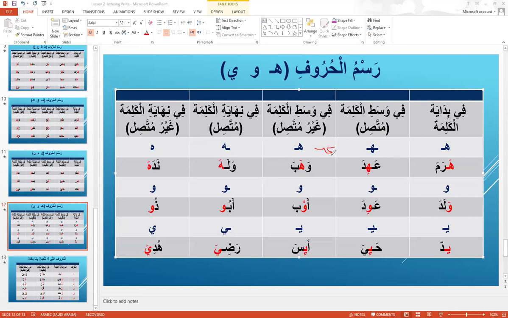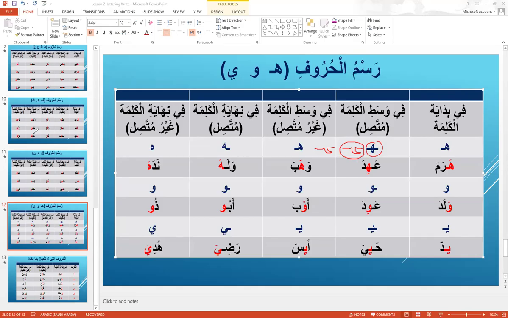But when you get there, you get to know ha is written like this in the middle also. In the middle connected it is written like this. Also with this, it's written like this and it's also written like this. I think this is all.